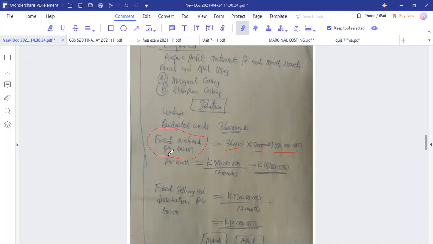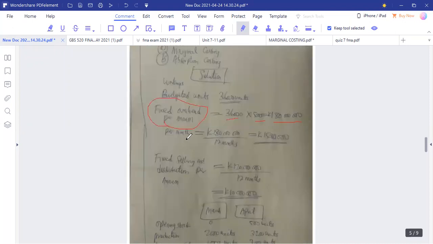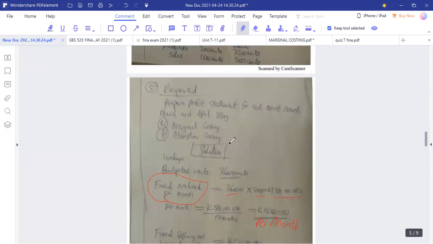So this 180 million is for the year, it's per annum, fixed cost per annum. So we can now find the fixed cost per month, which is 180 million divided by 12 months, which is 15 million. So this 15 million is per month. So we are doing per month like this because we are only preparing the absorption costing for the months of March and April.